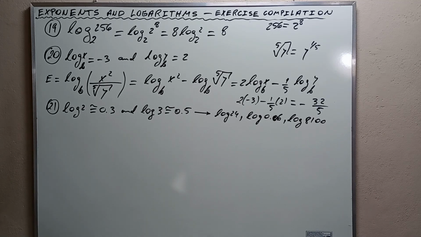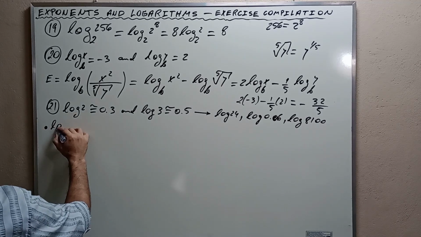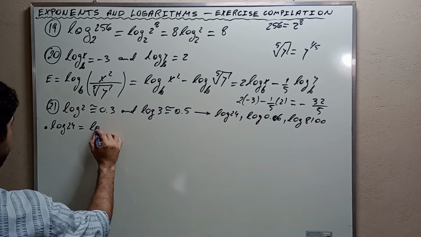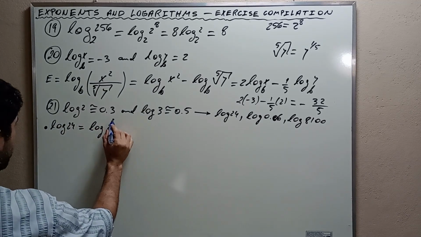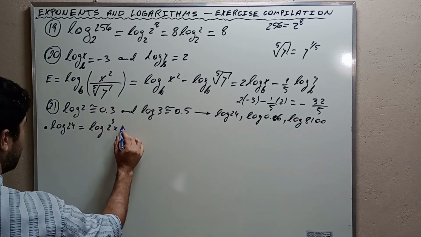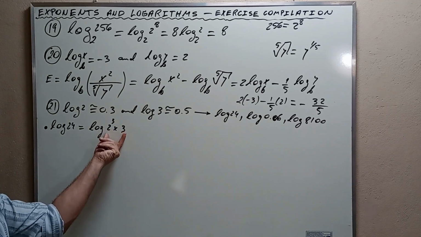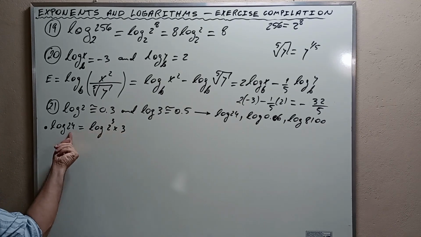Observe that 24 is 8 times 3, but 8 is 2 cubed. Then the logarithm of 24 is equal to the logarithm of 2 cubed times 3.